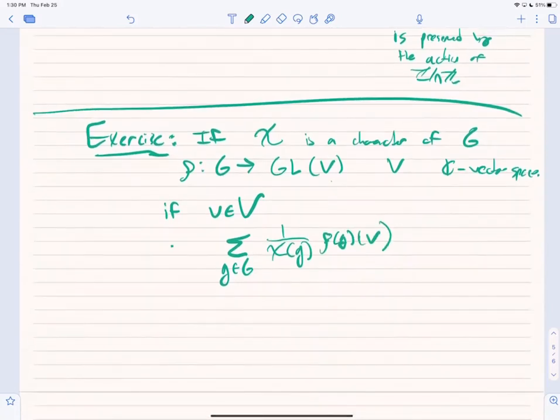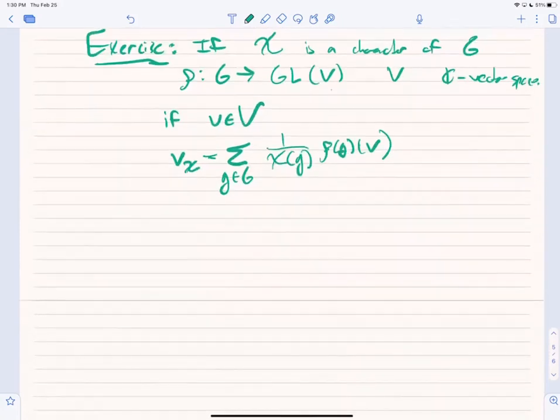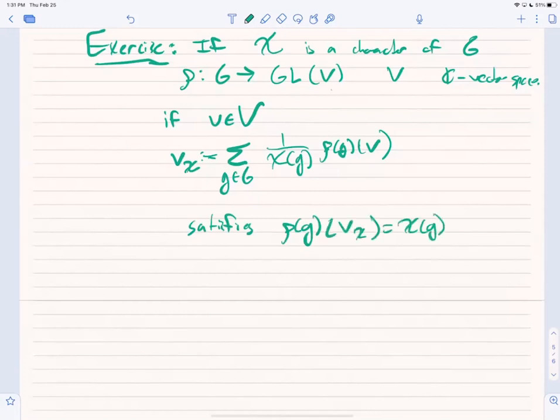Let's call this v sub chi. It satisfies that rho of g acting on v sub chi is equal to chi of g times v sub chi.